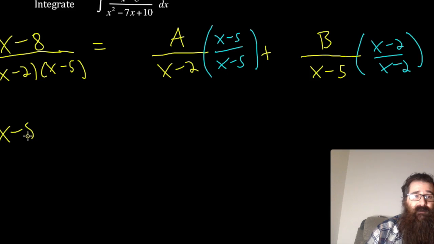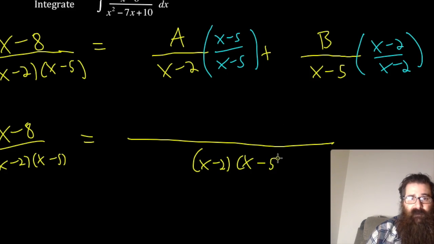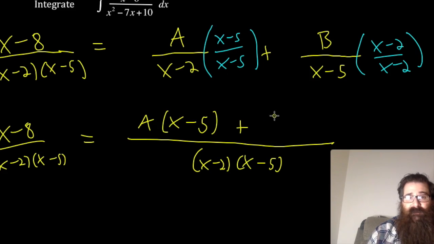So we have x minus 8 over x minus 2 times x minus 5 equals one big fraction, and the denominator is going to be that common denominator, x minus 2 times x minus 5. The numerator is going to be a little bit complicated. It's A times x minus 5, and then plus B times x minus 2.